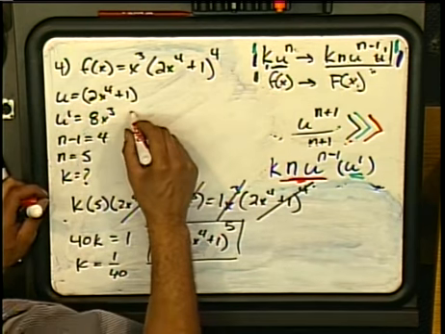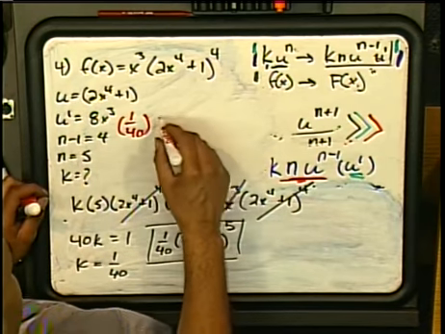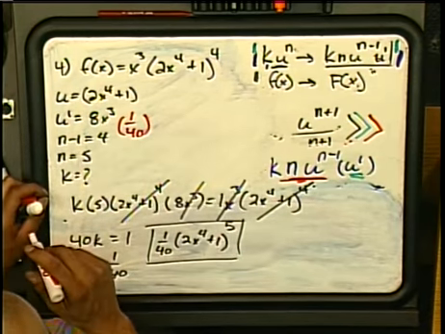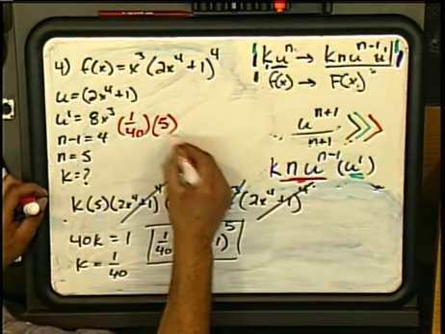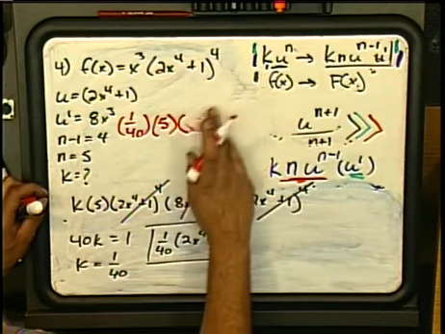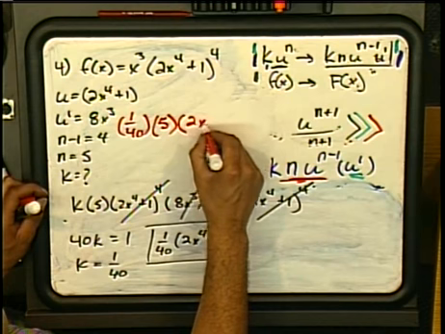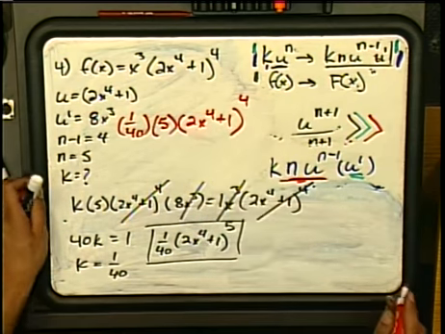K is 140. N is 5. Bring N down, 5. 2x to the 4th plus 1 is U. N minus 1 is 4.